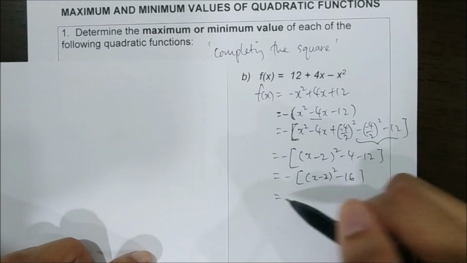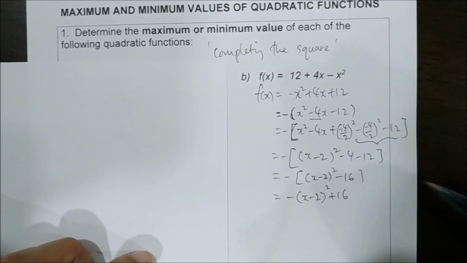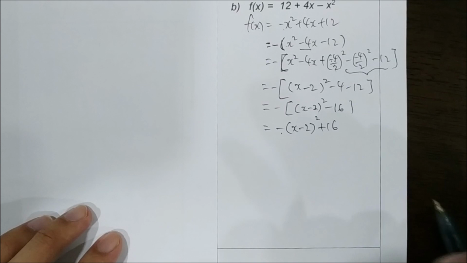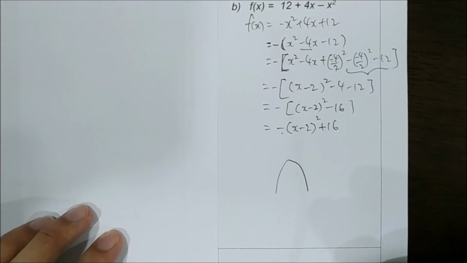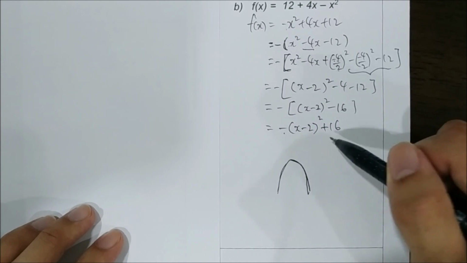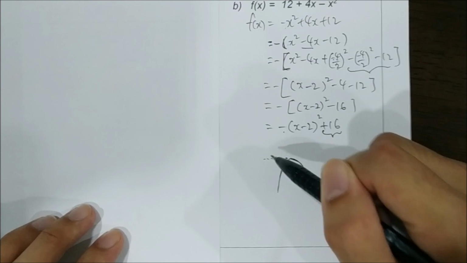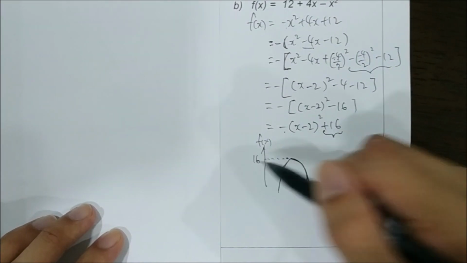16. And then you have negative (x minus 2) squared plus 16. Since the a here is a negative value, we know that the shape of the graph is a sad face. And from the previous example, we know that this value will be the y value or the f(x) value here, which is 16.